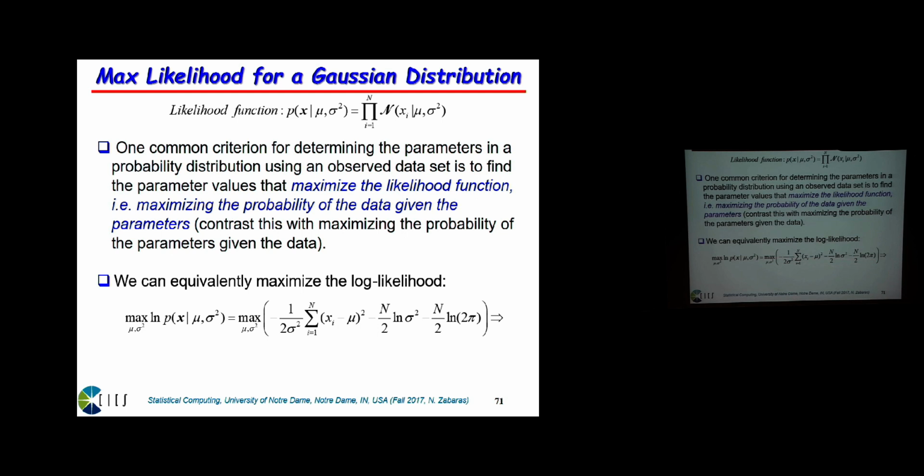Okay? So I am not going to go through the one-line calculation, but I trust you can take derivatives with respect to mu, set them to 0, take derivatives with respect to sigma squared, which is easier than taking derivatives with respect to sigma, set it to 0, and here's what you get. You basically get a result already used even from lecture 1, that the maximum likelihood estimates are the sample mean and the sample variance.